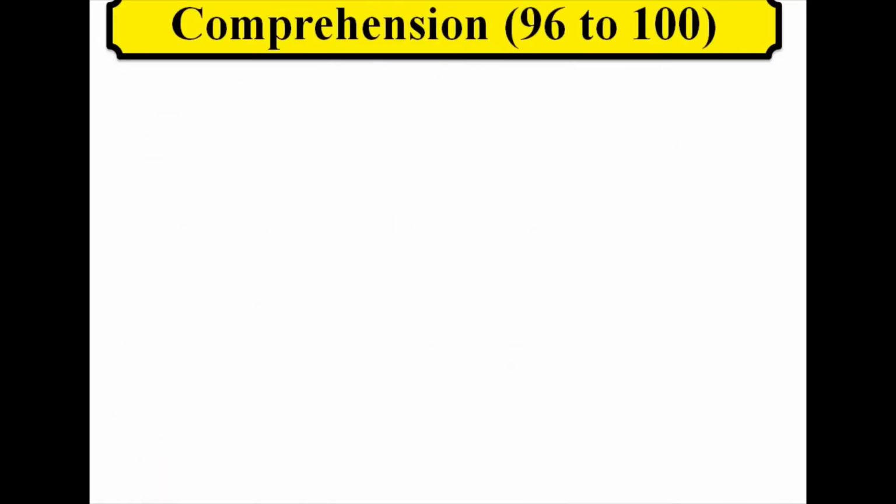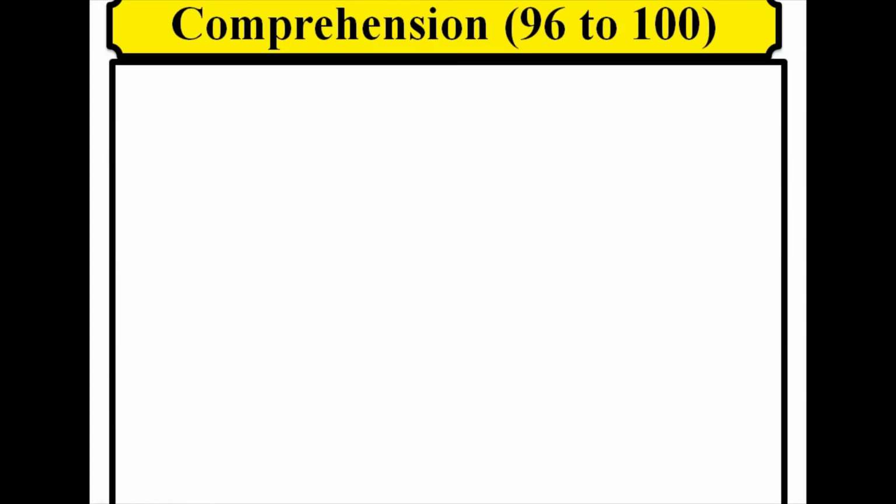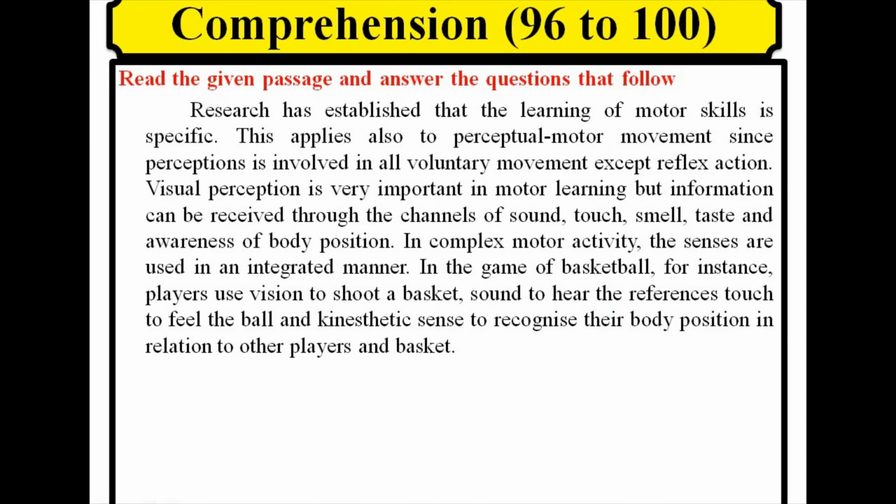Comprehension, 96 to 100. Read the given passage and answer the questions that follow. Research has established that the learning of motor skills is specific. This applies also to perceptual motor movement since perception is involved in all voluntary movement except reflex action. Visual perception is very important in motor learning, but information can be received through the channels of sound, touch, smell, taste and awareness of body position. In complex motor activity, the senses are used in an integrated manner.